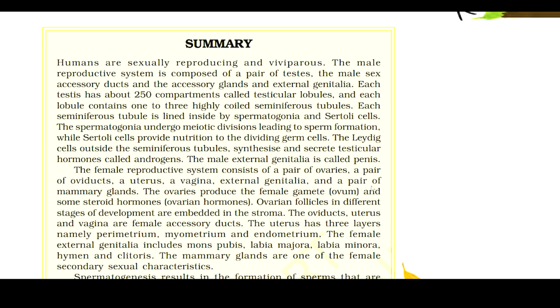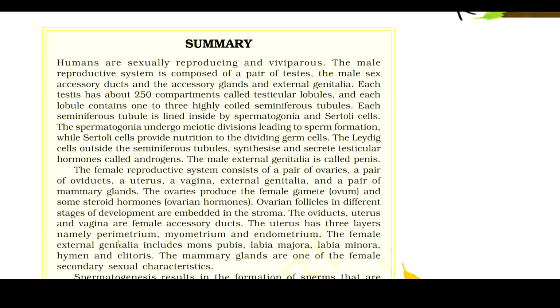The female reproductive system consists of a pair of ovaries, a pair of oviducts, a uterus, a vagina, external genitalia, and a pair of mammary glands. The ovaries produce the female gamete, which is the ovum, and some steroid hormones, which are ovarian hormones. Ovarian follicles in different stages of development are embedded in the stroma.